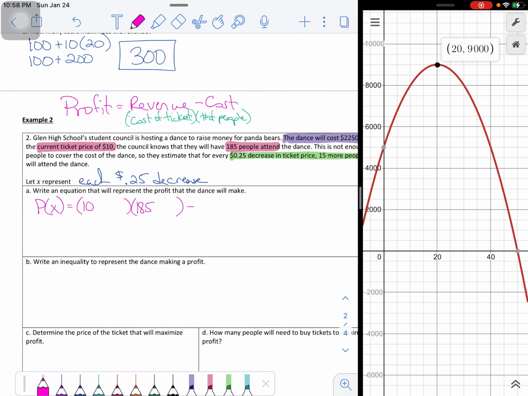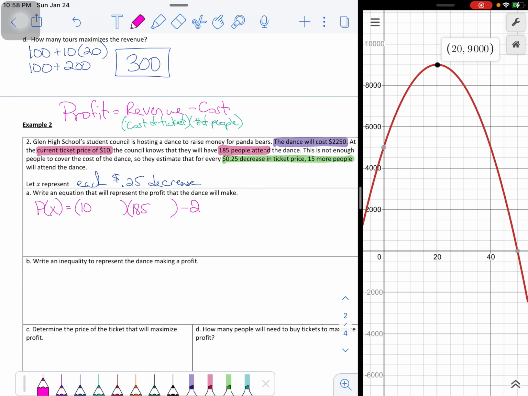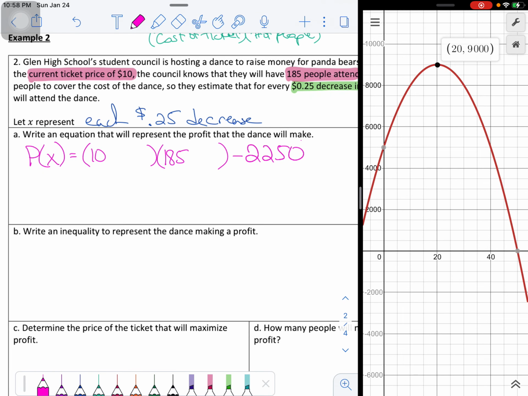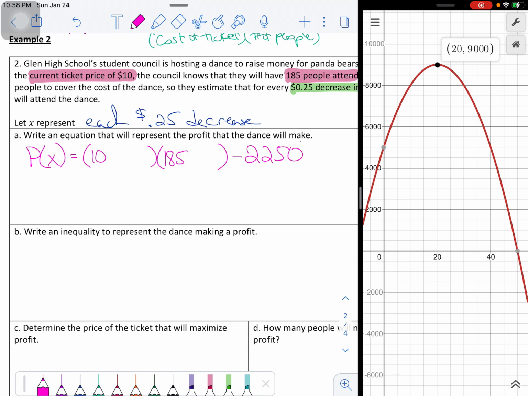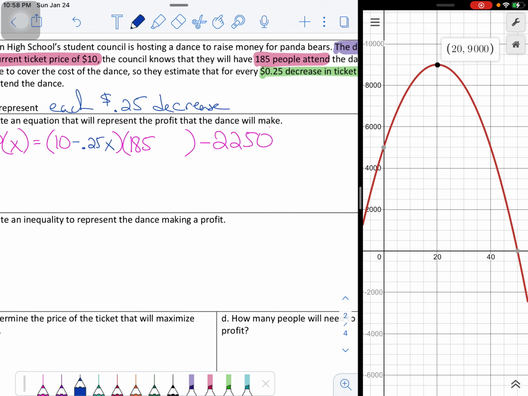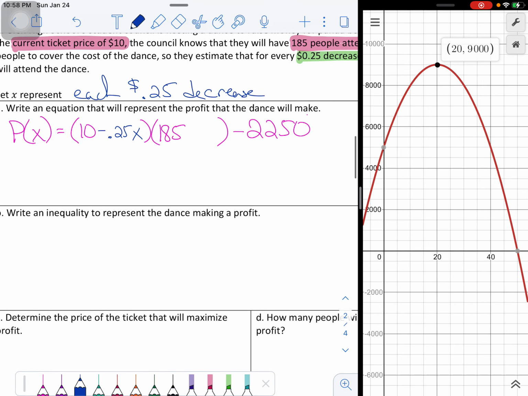And the total cost of the dance is 2,250. Now, they estimate that for every 25-cent decrease, so 0.25, and we don't know how many of these we're going to make, so let's tack an X on, that there are going to be 15 more people.